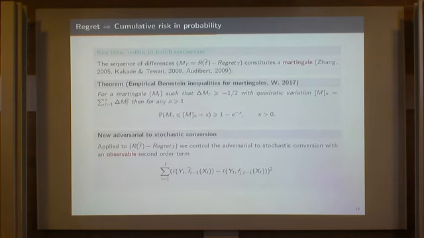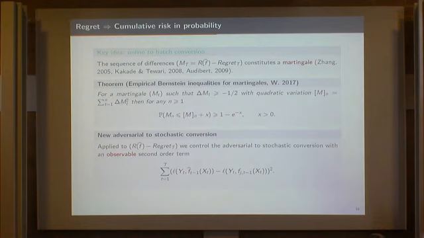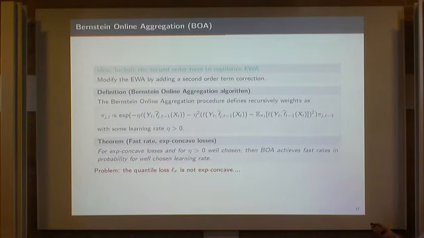But when this is observable, a natural way to deal with that is to penalize. In the sense that I know that if this is big, I will not be able to do the conversion. So now I will penalize and add a second order term in the EWA.